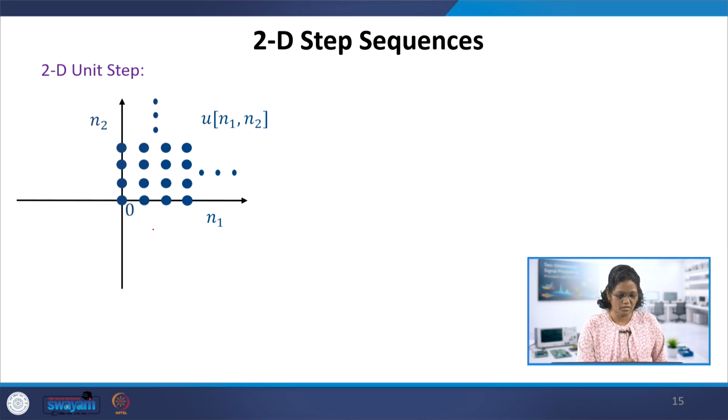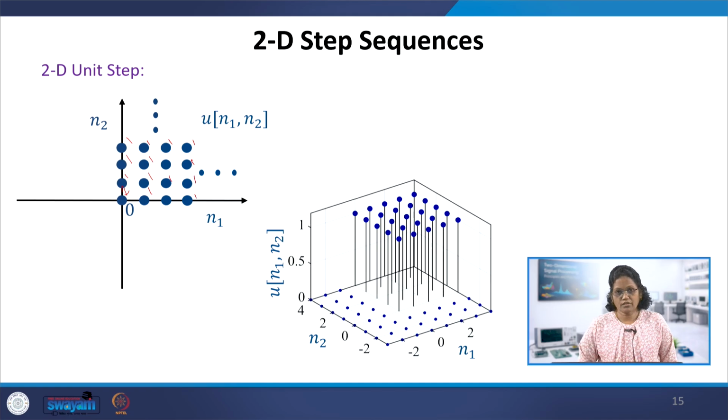Because n1 and n2 are greater than or equal to 0, it is valid only in the first quadrant. So the 2D step sequence should be visualized this way, and all these points have the value 1. The label n1 comma n2 equal to 0 is just marking the origin, not the value. All of these values are 1, the amplitude is 1.